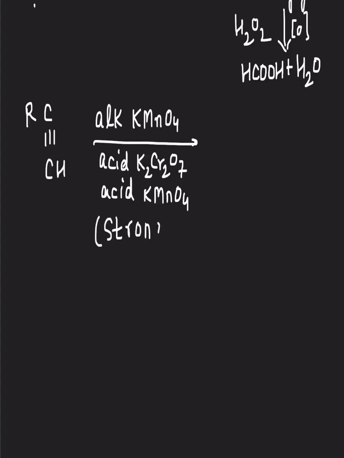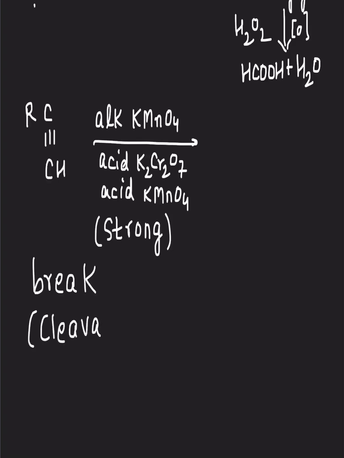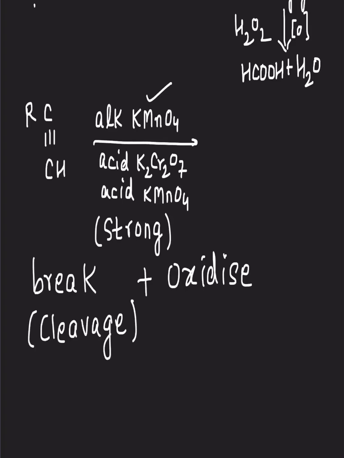So strong means they will break the bond, right? Which we call cleavage of the bond, and it will also oxidize it, right? So it is oxidative cleavage. That's why the word oxidative cleavage over here for oxidation with strong oxidizing agents.